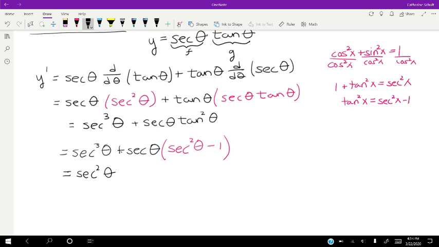And now that this is a difference, now we actually do distribute the secant, because it's not a product, it's a difference. And that was supposed to be a 3. Okay, so now what we have is 1 copy of secant cubed, 2 copies, and we're adding them.